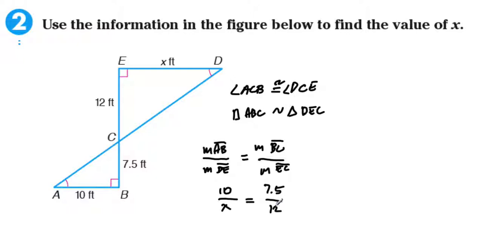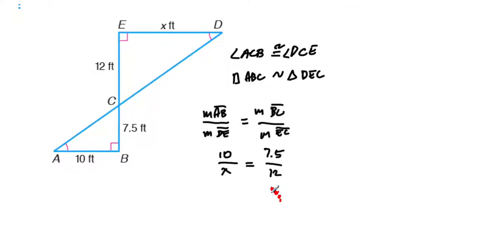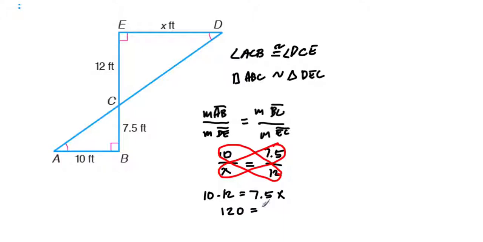Using cross products, you multiply 10 times 12, and then you multiply 7.5 times X. You end up with 10 times 12 equals 7.5 times X, or 120 equals 7.5x.